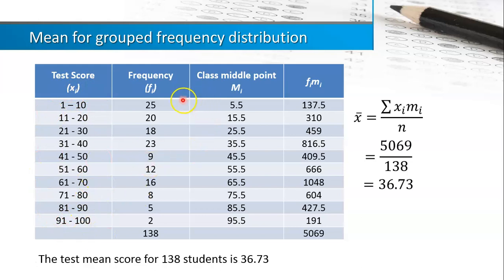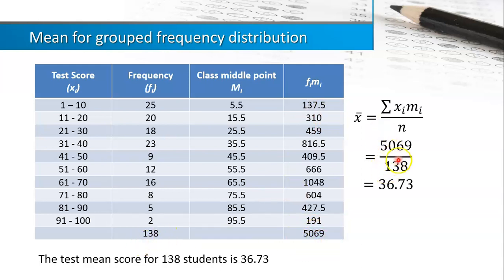To calculate the mean, you multiply the frequency with the class midpoint. For example, 25 times 5.5, you get 137.5, and so on. After that, you just add. Here you get 5,069.